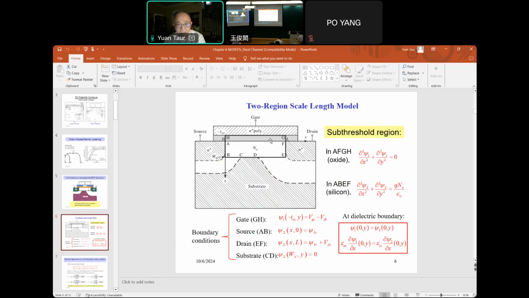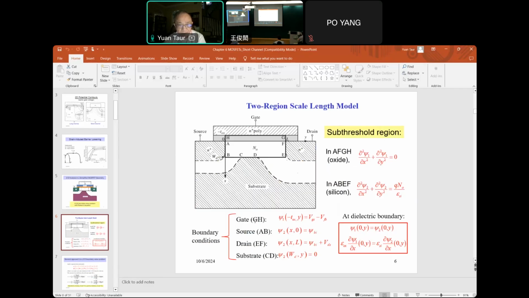For the oxide, there's no charge. For the silicon, the lower rectangle, the charge is the depletion charge density, Na. Subthreshold, so there's no inversion charge. So this defines the mathematical two coupled differential equations, and we need to specify four boundary conditions.